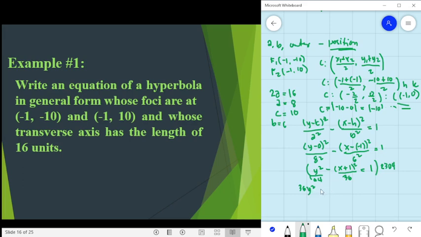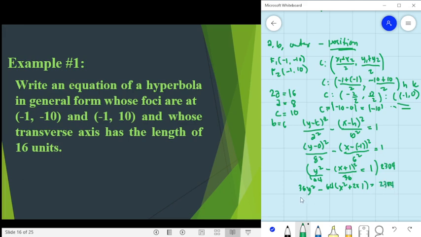Okay, then minus 2,304 divided by 36, then the answer is 64 times the product of quantity x plus 1 squared is equal to x squared. Then the product of x times 1 times 2 is positive 2x. Then the square of 1 is 1 is equal to 2,304.